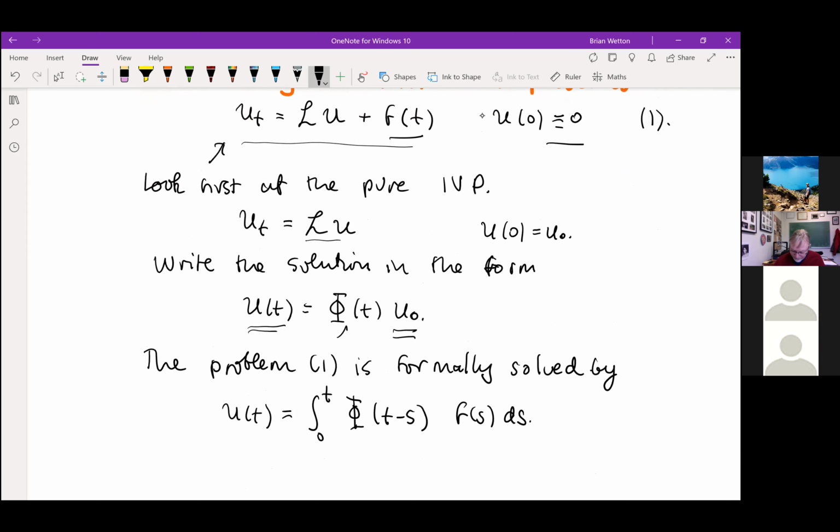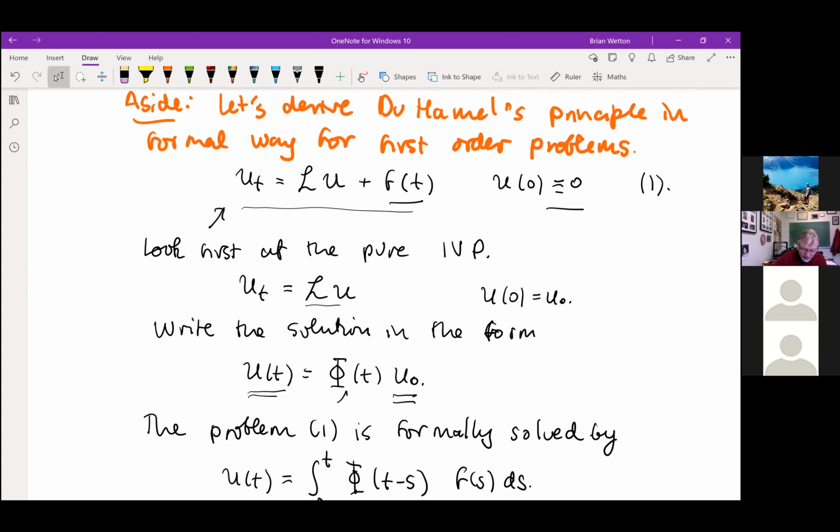Well, okay. Let's go back and see what properties this has to have, right? What are the properties of phi? Well, I happen to know that if I'm going to have this satisfy the initial conditions, then phi at 0 has to be the identity, right?